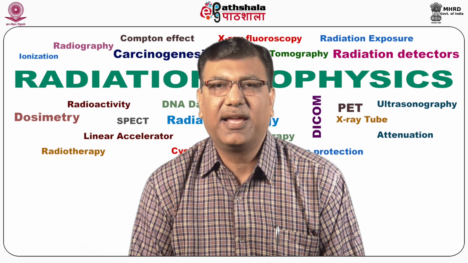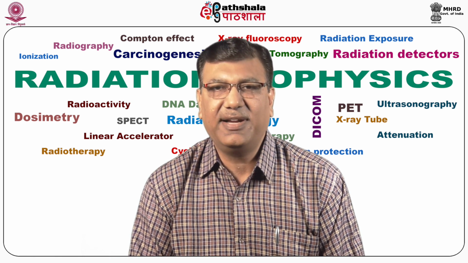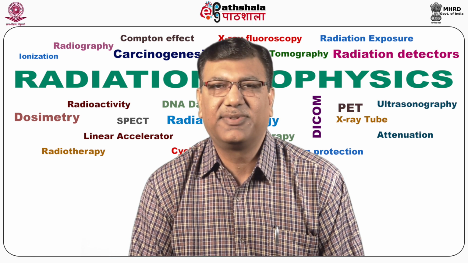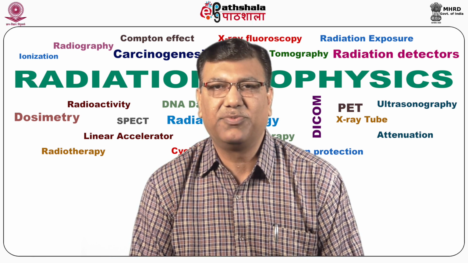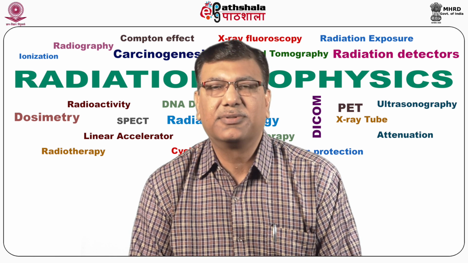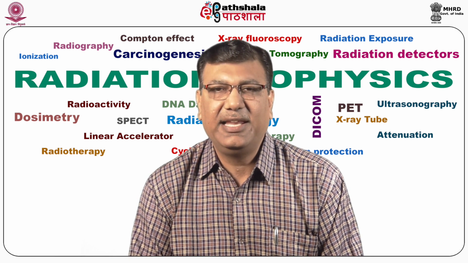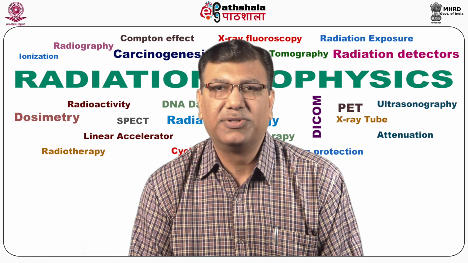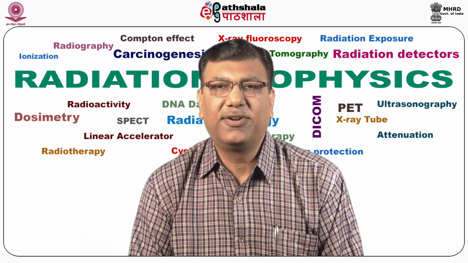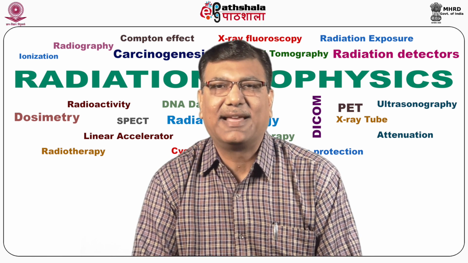Nowadays, electrons are very frequently used particles for cancer treatment, especially for superficial tumors. Protons, neutrons, and helium particles are also used, or I can say introduced, in cancer treatment.